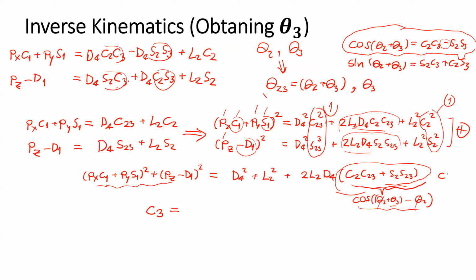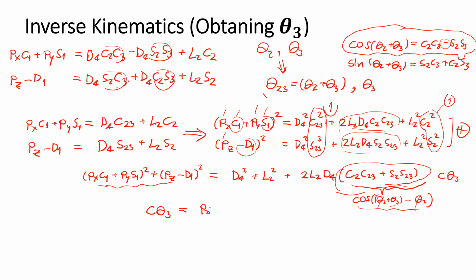of theta 2 plus theta 3 and subtract by theta 2. So yeah, it's theta 3. So from here, the cosine of theta 3 can be obtained by rearranging the equation.